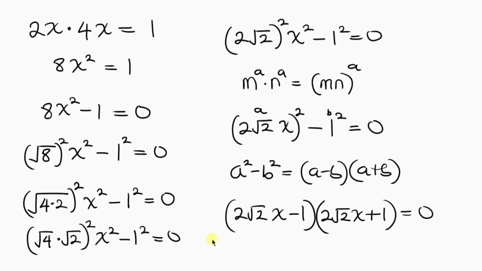So we have two cases. One of the cases is 2 root 2x minus 1 equal to 0. Or the other case is 2 root 2x plus 1 equal to 0. So we're going to be solving these cases one after the other.